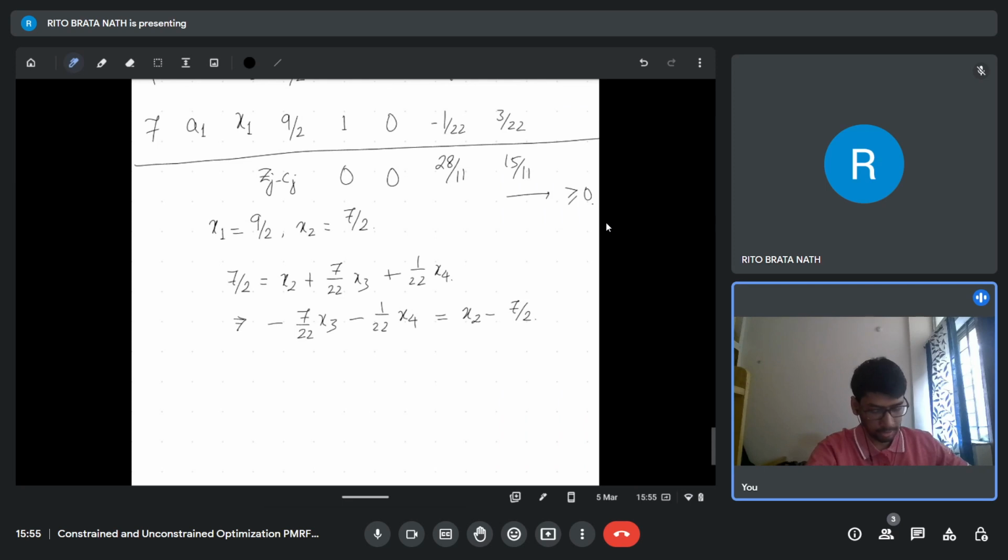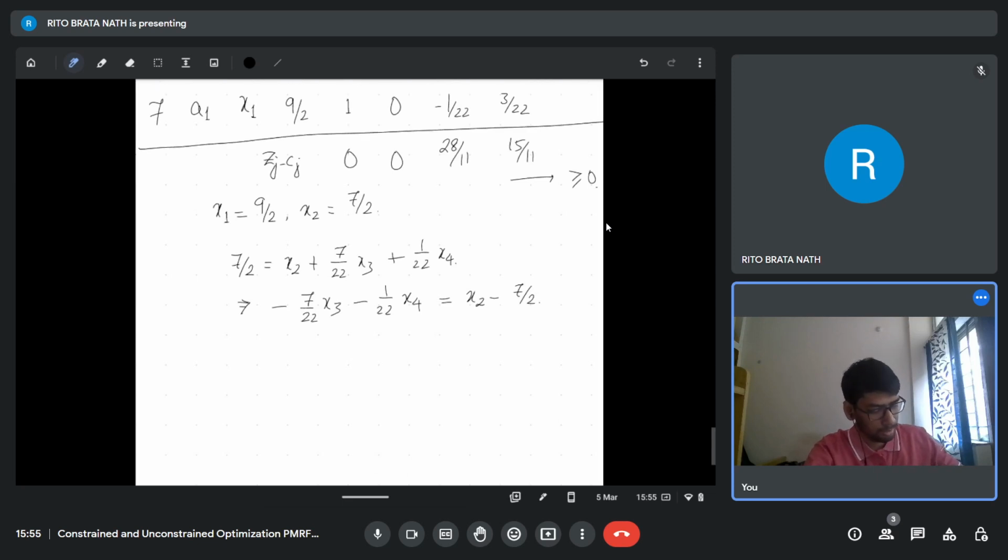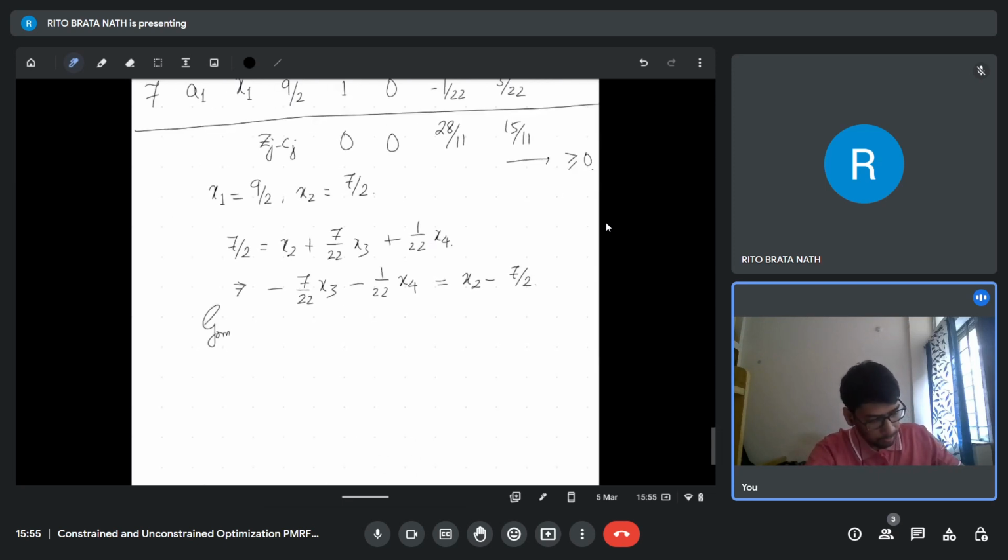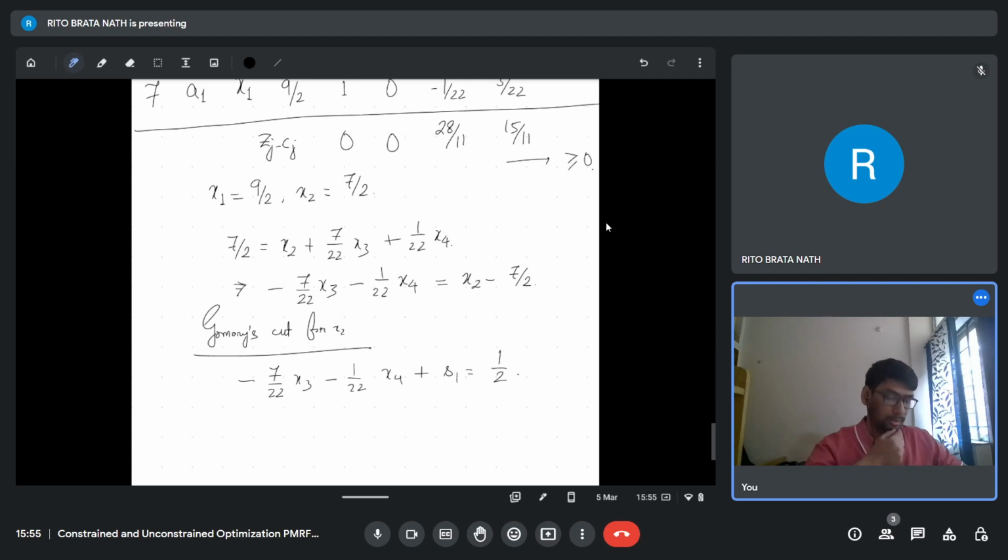The fractional part in the left hand side remains as minus 7 by 22 x3 and minus 1 by 22 x4, and in the right hand side, you have half as the fractional part. So Gomory's cut for x2 row will be minus 7 by 22 x3 minus 1 by 22 x4 plus s1 equals half, right?